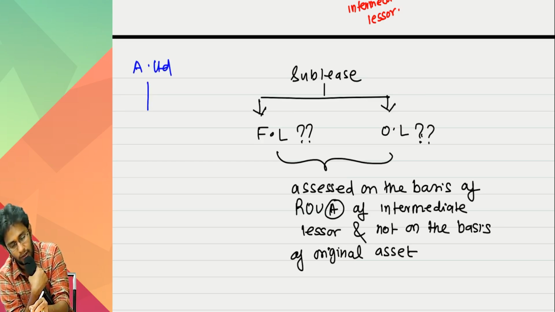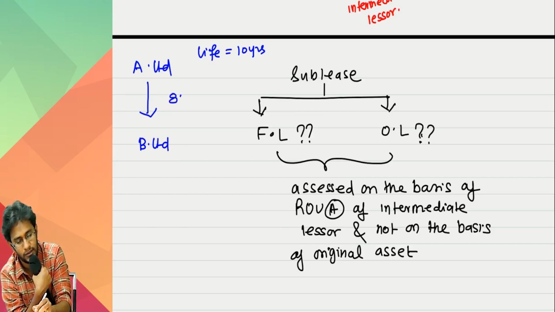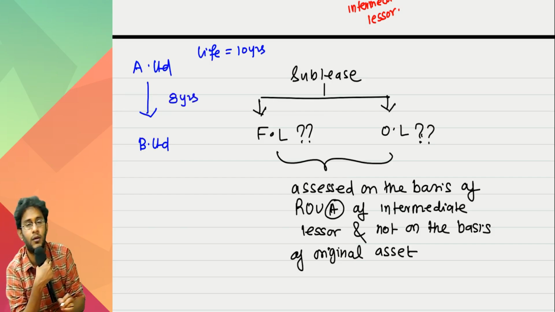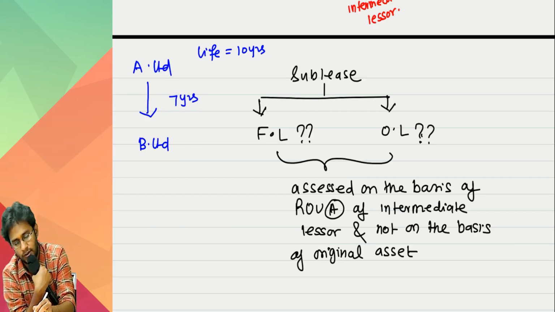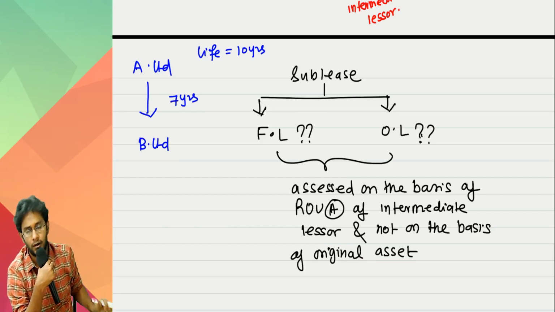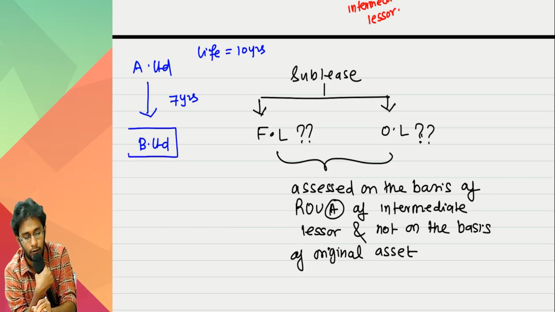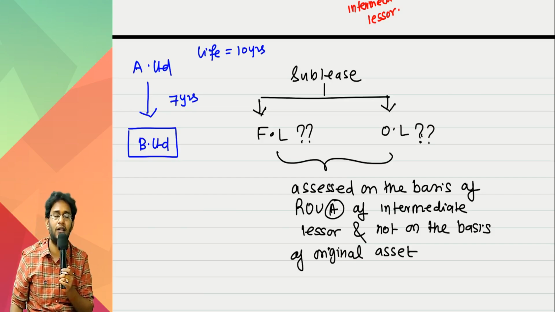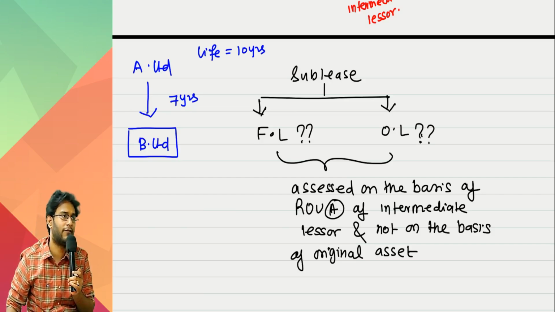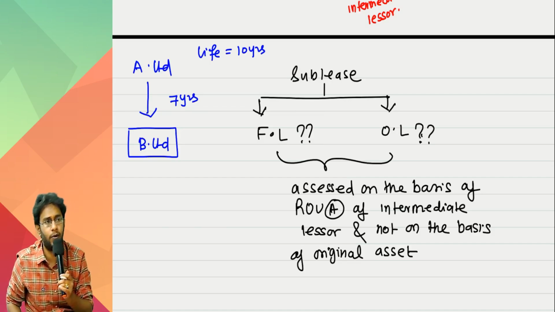A Limited leased the asset to B Limited. Life of the asset is 10 years. Lease period is 8 years. Okay, let's say lease period is 7 years. For B Limited, the lessee in the original transaction, operating lease or finance lease is irrelevant, because that lessee anyway will record ROU asset against lease liability.